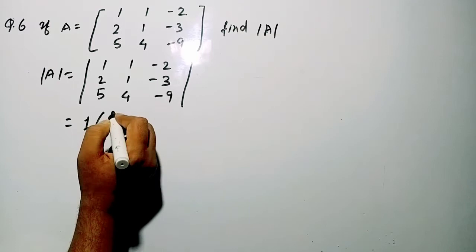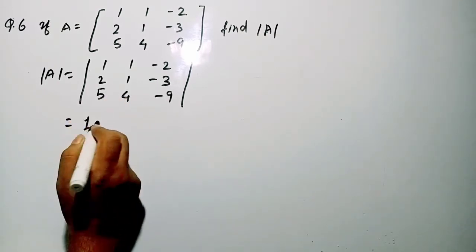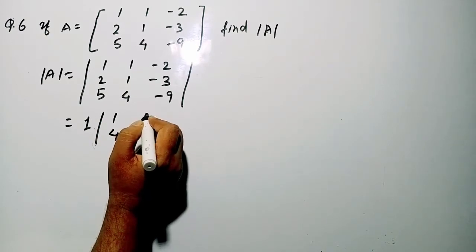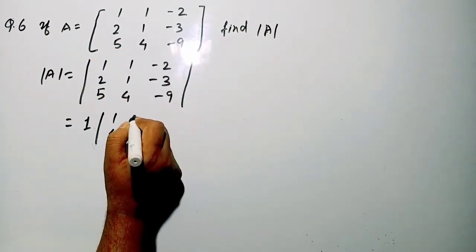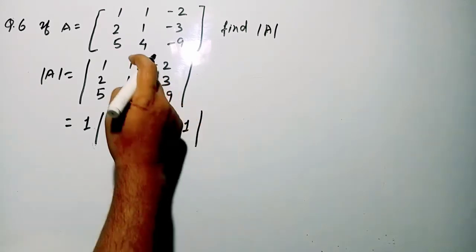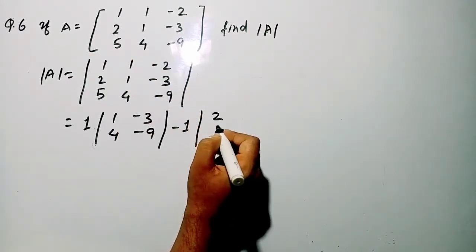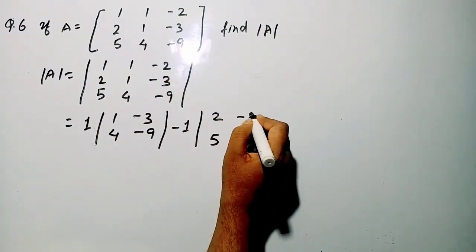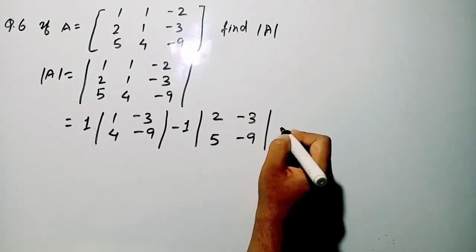Expanding with 1, we write the elements 1 4 minus 3 and minus 9, excluding the elements of that row and column. Similarly with minus 1, we write 2 5 minus 3 and minus 9.